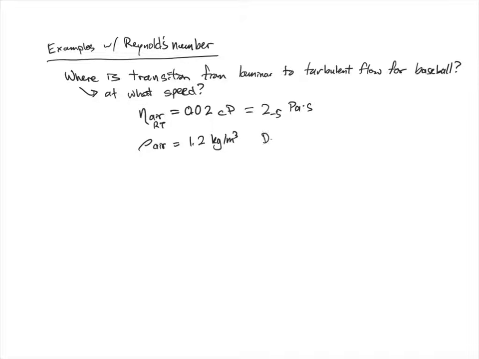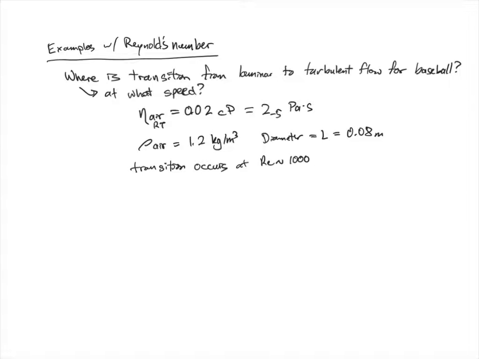The diameter of a baseball, which is what we're going to use for the L in the Reynolds number, is about 0.08 meters. And the transition occurs from laminar to turbulent at a Reynolds number of around 1,000.